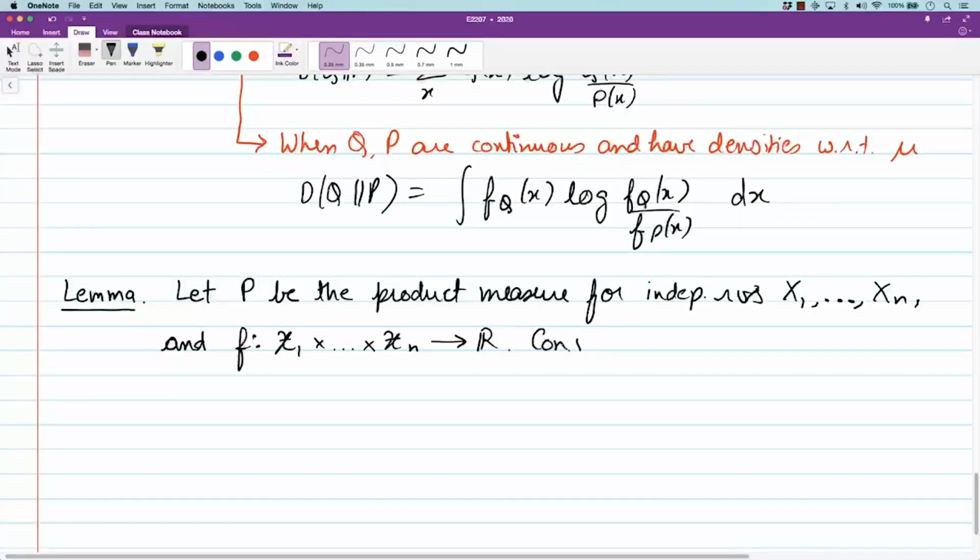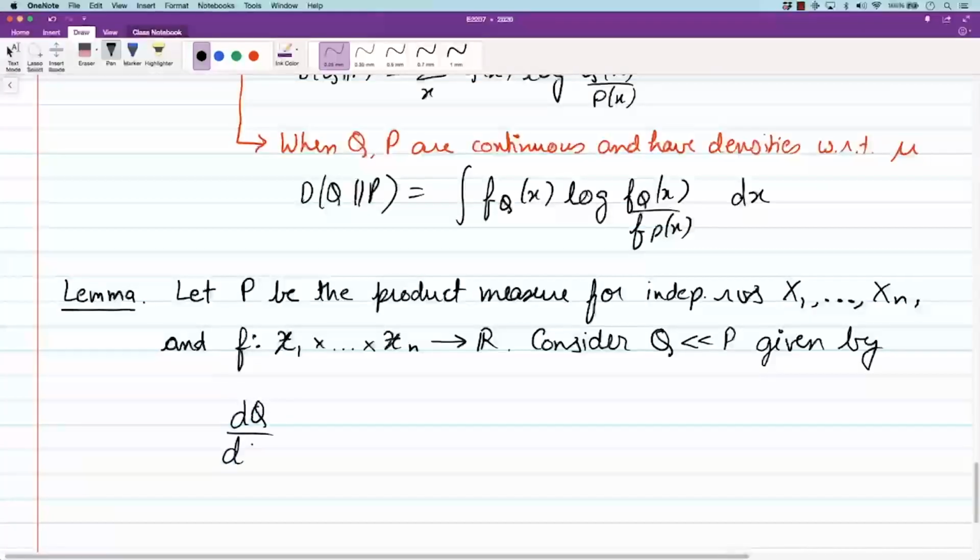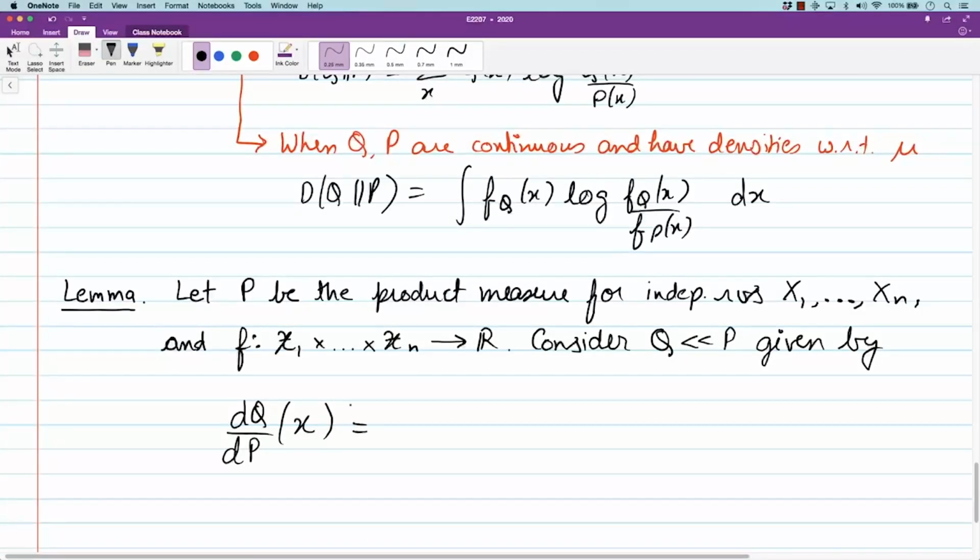So we consider this measure Q given by. To define this measure Q, what we will do is we'll just define the density of Q with respect to P. You can always do that. And I'll just use this notation x for the vector x. So this is a function of x. What's the density for this x?